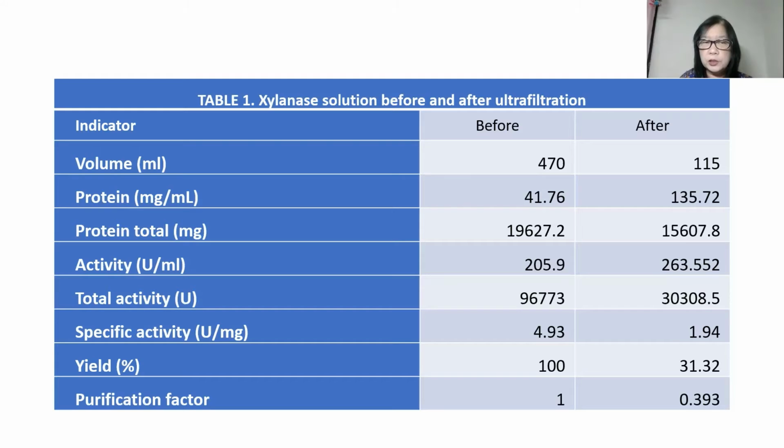Then we see the protein increase after the filtration. The activity also increases, and the total unit is also increased. The yield of course is reduced because we try to get the purified Xylanase.